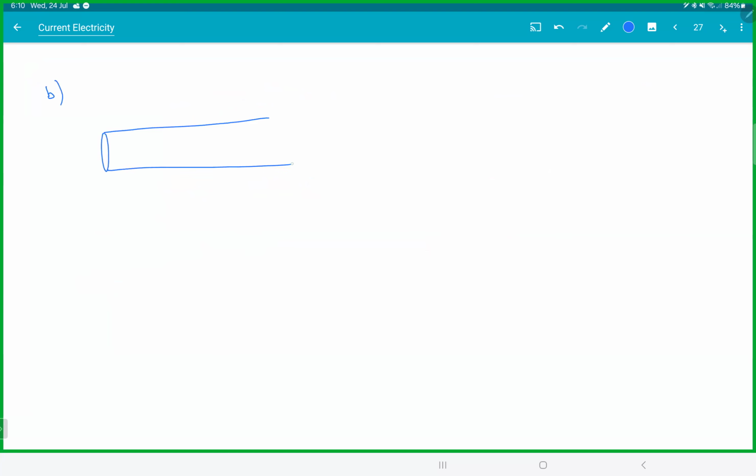So we have a cylindrical resistor. This is a resistance R. So someone took this, this is melted and recast.